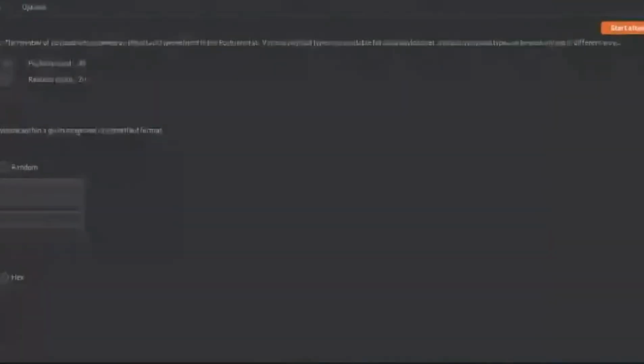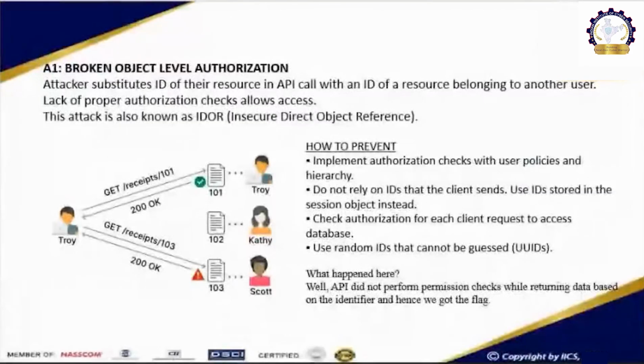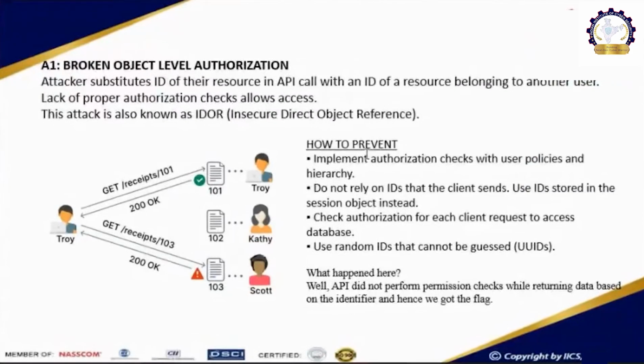I'm again sharing my slide to explain this. So here we came again into the slide. What this image is trying to say is, assume this is our first user Troy, and he wants to fetch some content using the GET HTTP method.